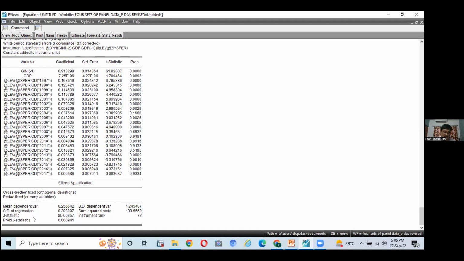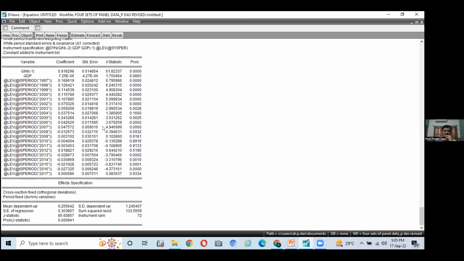is statistically significant. The value of the J statistic is 85.60, and its level of significance, mentioned here as the probability of the J statistic, equals 0.000, which is a significant value. Therefore, we can say that the J test is statistically significant, which implies that the model is a good fit at 1%.